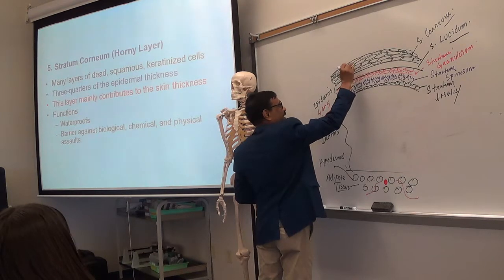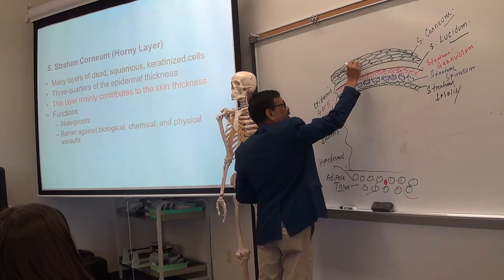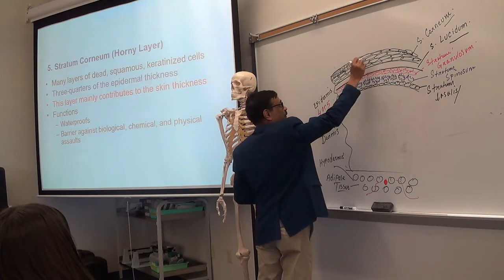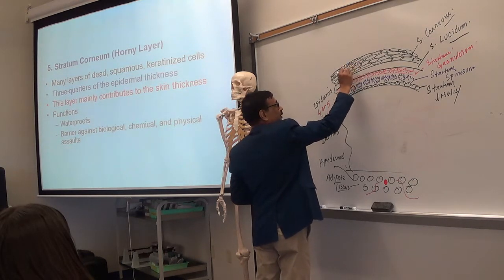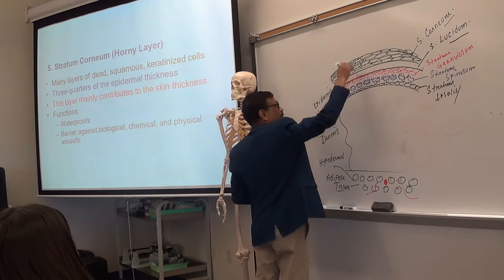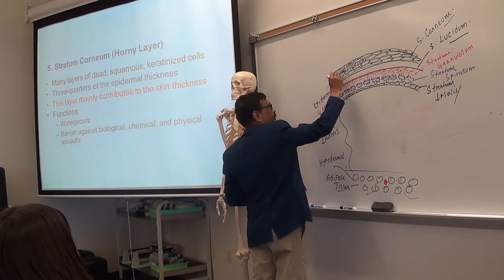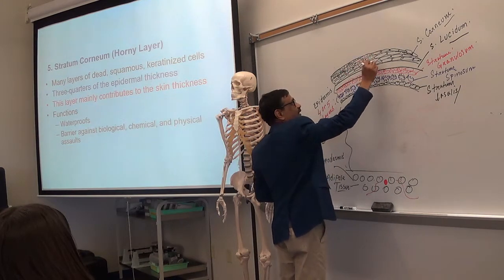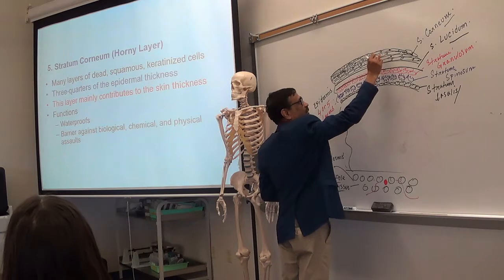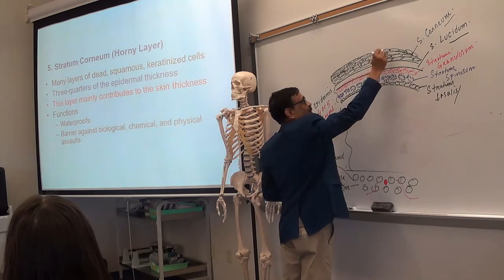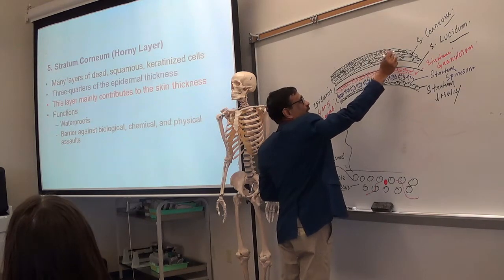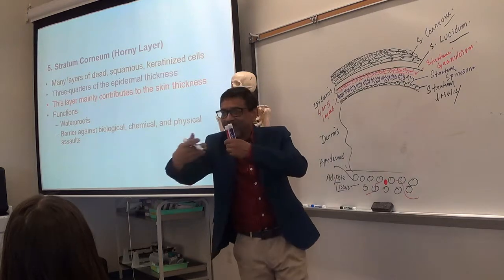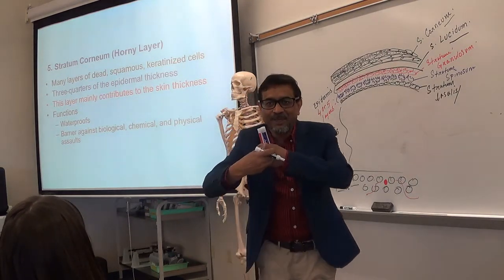So these cells are heavily filled with keratin, that specialized protein that gives the waterproofness. So the water cannot enter into the body from outside, which is good. Sometimes you sit in the bathtub or swimming pool for a long time, and water doesn't get into the body through the skin.